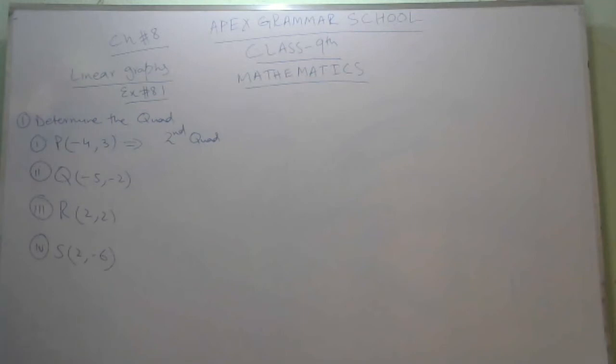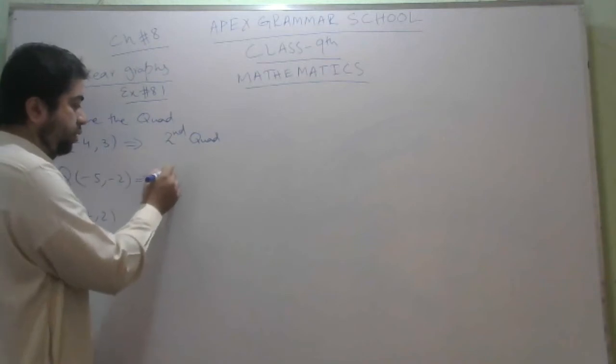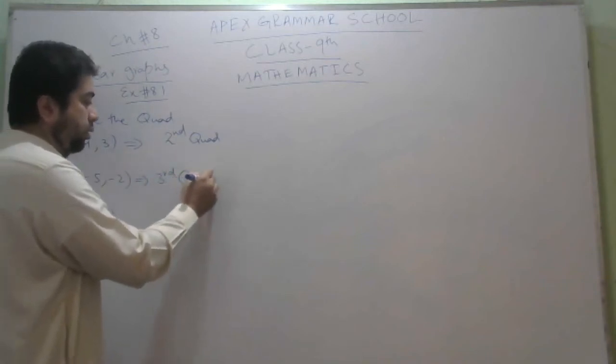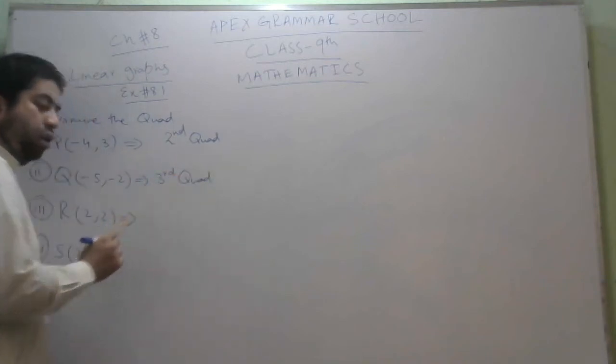What about this point Q? You can see that the value of x is negative, and the value of y is also negative. So both values are negative. These only coincide with the third quadrant. Okay. The value of x is positive 2, y is also positive 2.